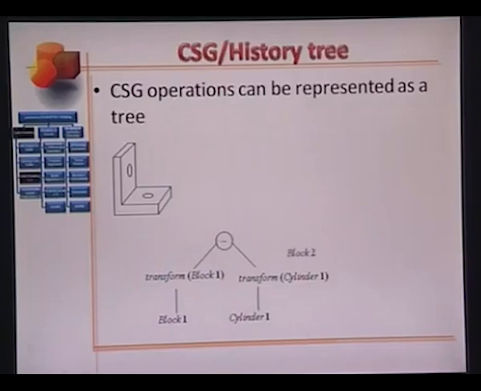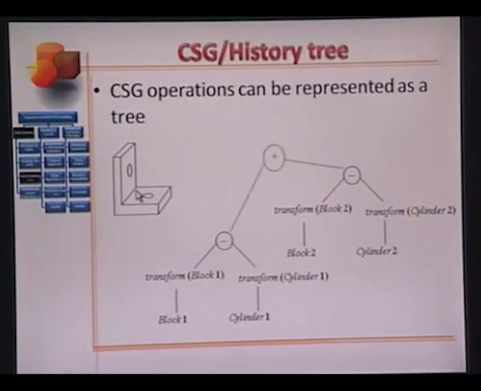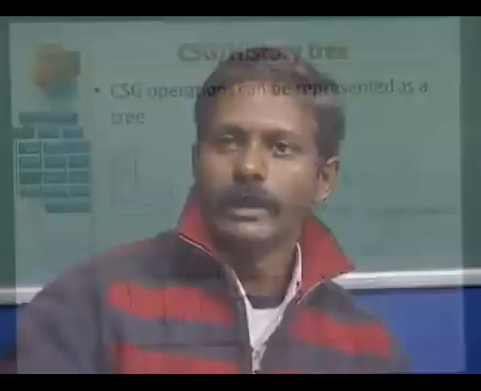That is, we take block 2, transform it, we take cylinder 2, transform it, and cut the cylinder from the block. Doing so would give me a block with a cylindrical hole here. And then I can perform a Boolean join operation to join this block with this block.